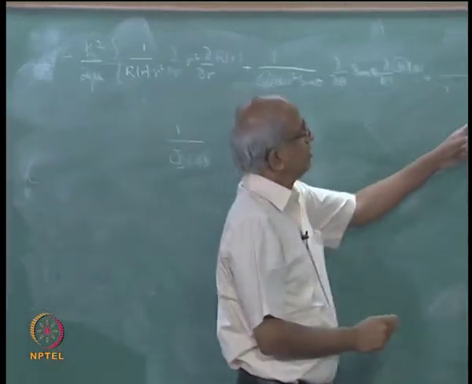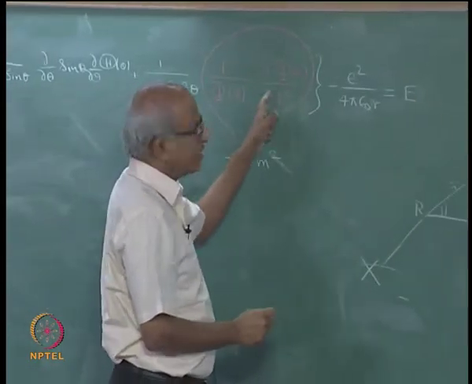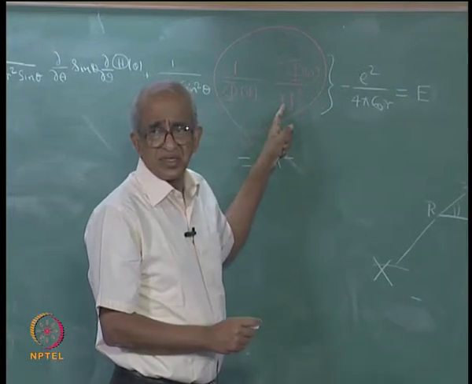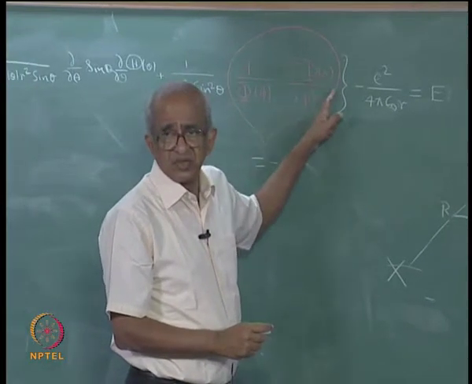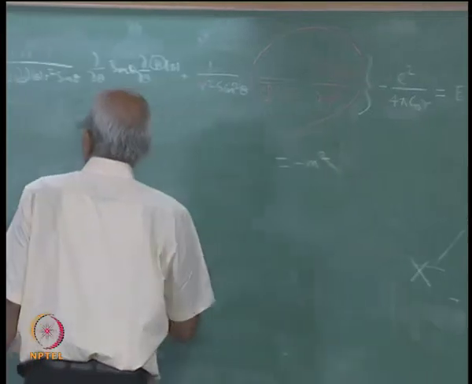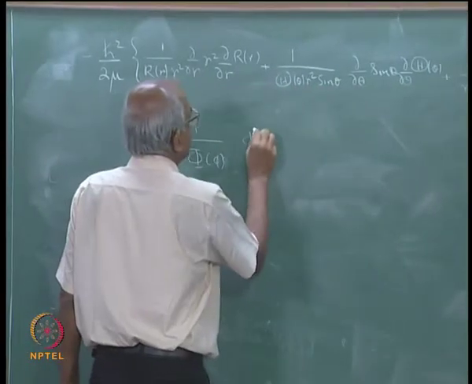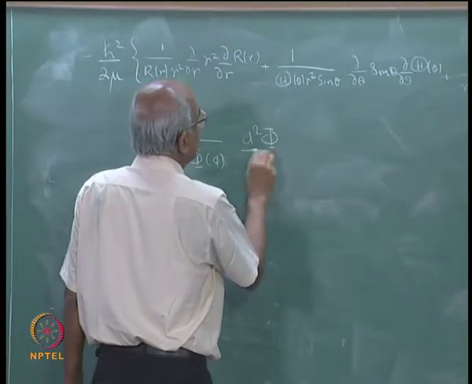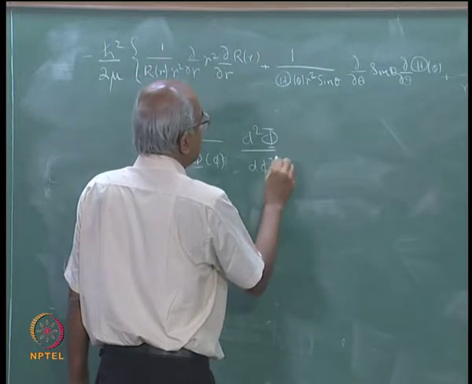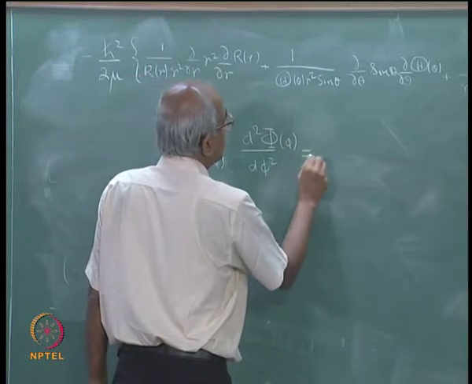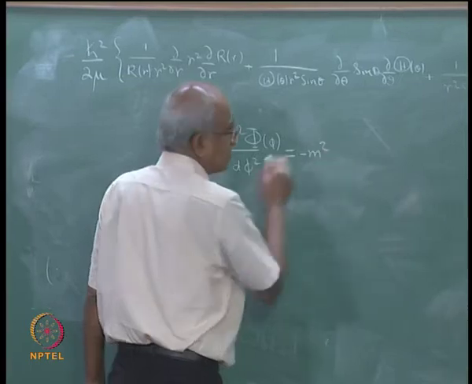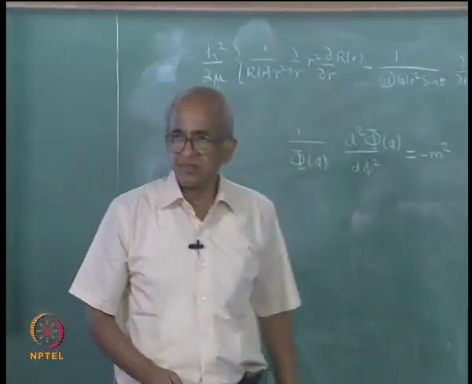well, it is not really necessary to use partial derivative notation here, because capital Phi depends only upon small phi. So I could have written this as d square capital phi by d phi square is equal to minus m square as the equation that I get.